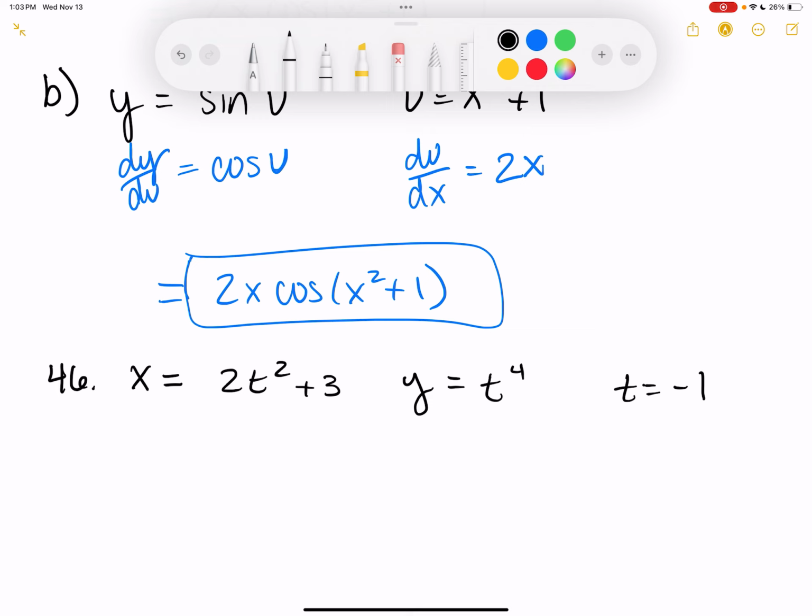What else did we have to find the equation? Well, yes, that's what the derivative's gonna give us. But what else do I need to be able to write my equation of my line? A point. A point, yes. So let's find the point first. How might I do that?